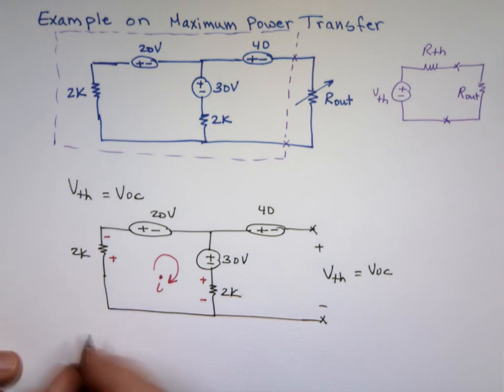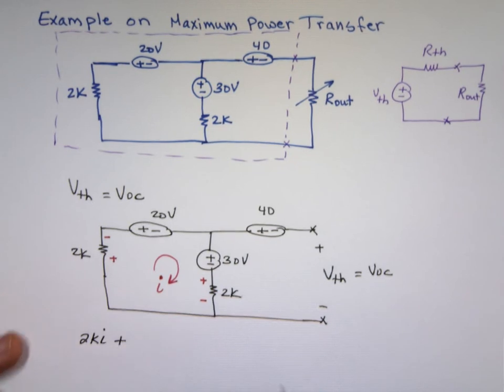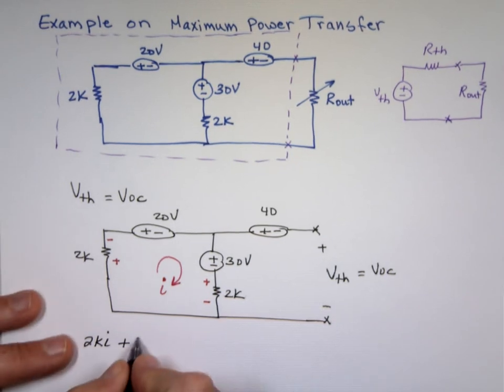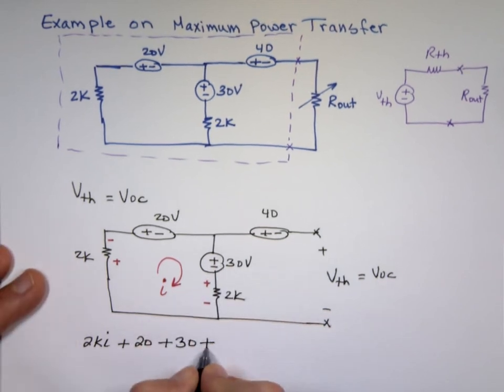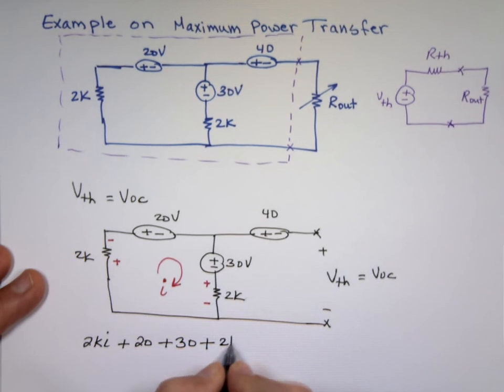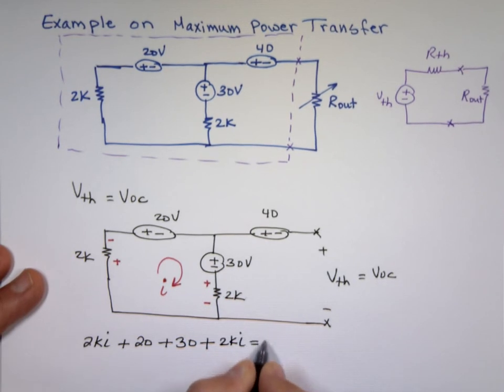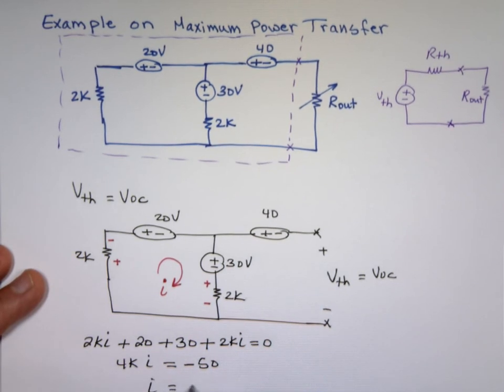So 2K times I plus 20 plus 30 plus 2K times I is equal to 0. 4K times I equals what? Negative, right? I equals negative 12.5 milliamp, I think, right?